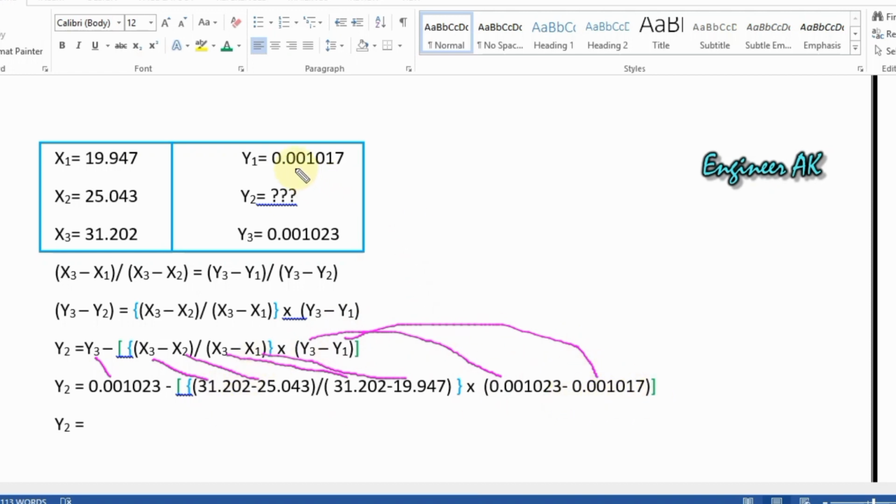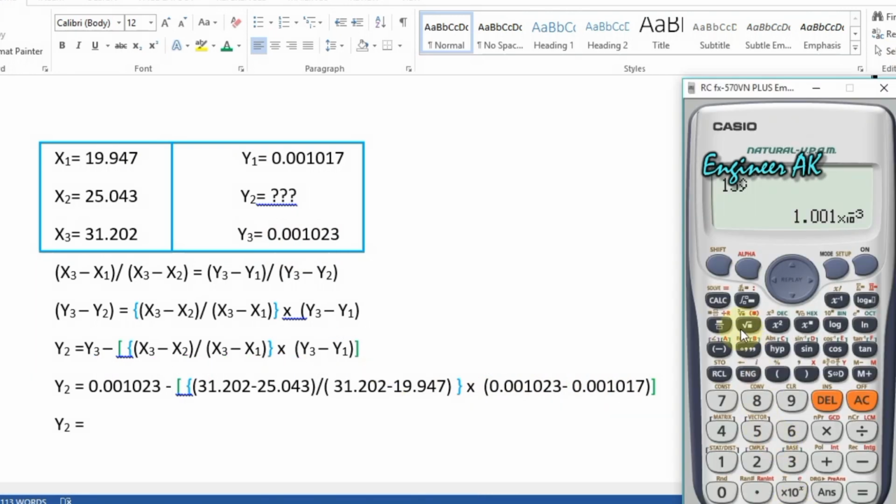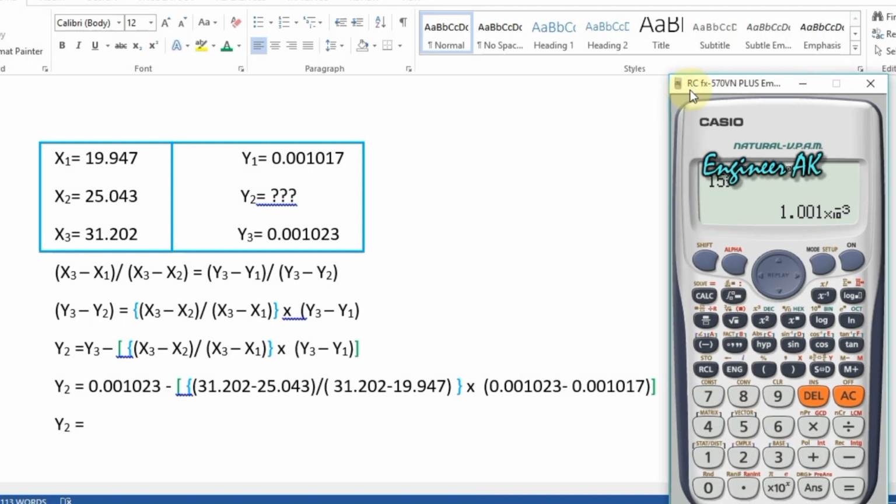Y1 is 0.00107, and y3 is 0.001023, and so on, right?